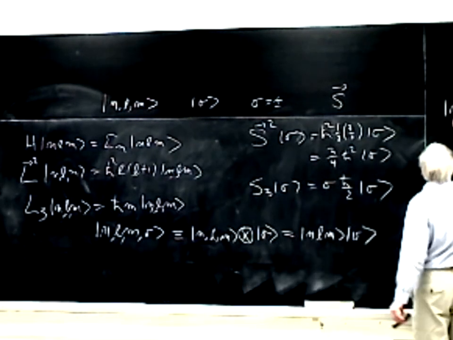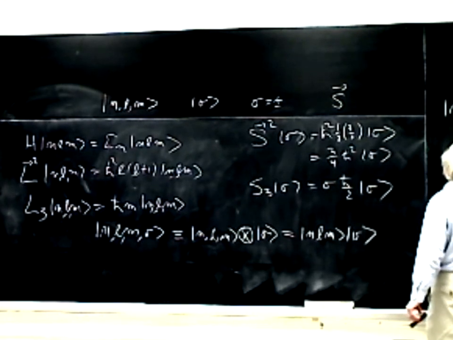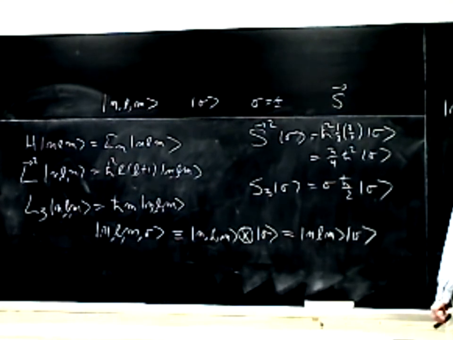Okay? What you can do, however, is you can take linear combinations of these states and make states that you would call |n, j, j3>. And these would be a linear combination of these states |nlm σ> with certain coefficients.